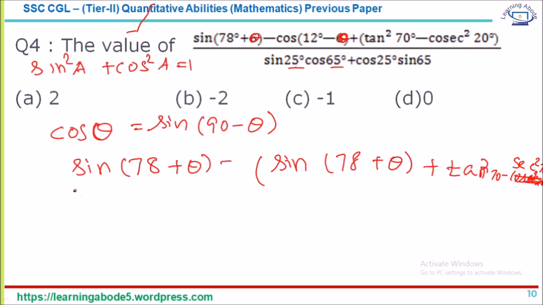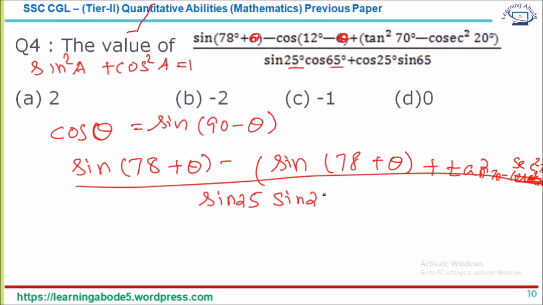And in the denominator, this sin 25, this cos 65, you can write it as sin 25 and cos 25, and sin 65 you can write it as cos 25, right?